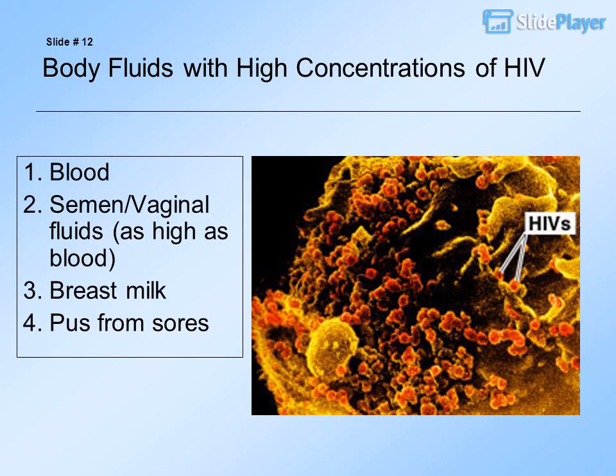Body fluids with high concentrations of HIV. Slide number 12. 1. Blood. 2. Semen and vaginal fluids, as high as blood. 3. Breast milk. 4. Pus from sores.